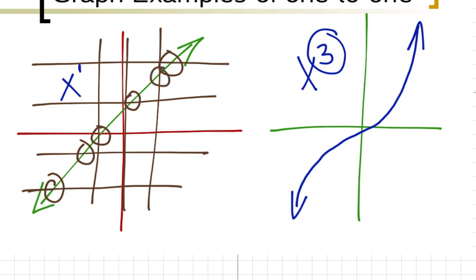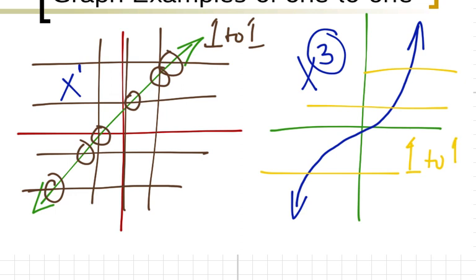So this is one-to-one. Now this blue graph, if I draw vertical lines, it passes that. If I draw horizontal lines, it also will pass that test. So this one is also one-to-one.